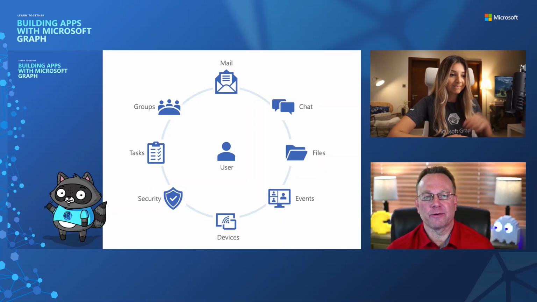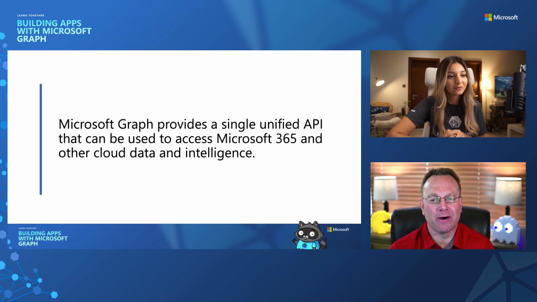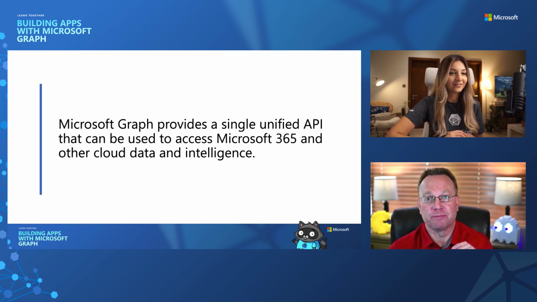Yeah, and I read up on it a little bit, and it sounds like we're kind of heading down the right direction. But tell me a little bit more about, I think Graph and I think GraphDB or GraphQL or something like that. But tell me a little bit more about what it does specifically. Yeah, so actually, that's a great thing that you mentioned. Microsoft Graph is not related with GraphDB or GraphQL.